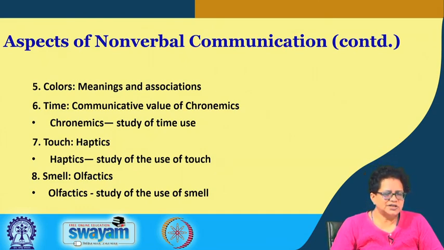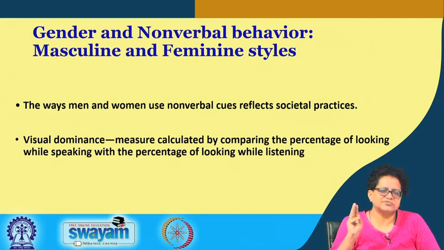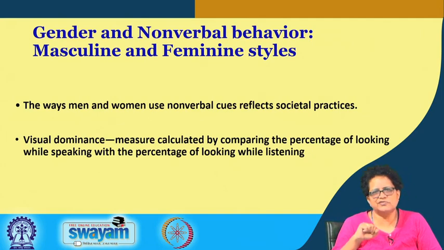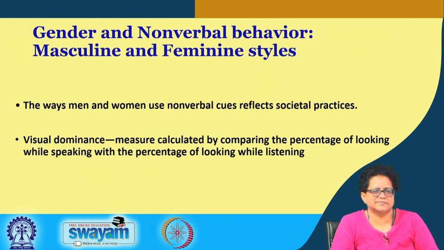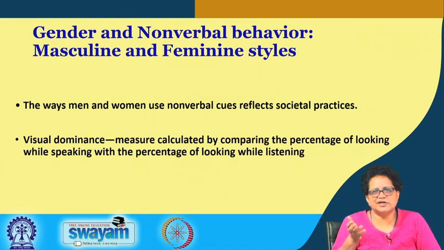So, towards the conclusion of this lecture 7, nonverbal communication, we will be talking about 3 ways in which we can study nonverbal communication. The first is the construct of gender and nonverbal behavior. Males and females have different styles in which they communicate nonverbally. This is actually because society influences such.